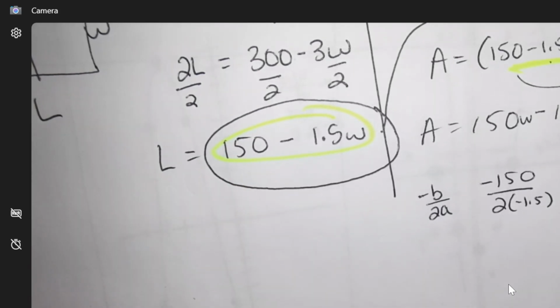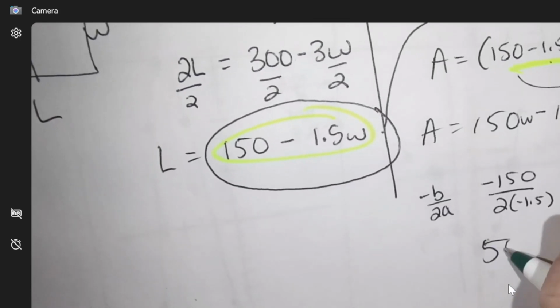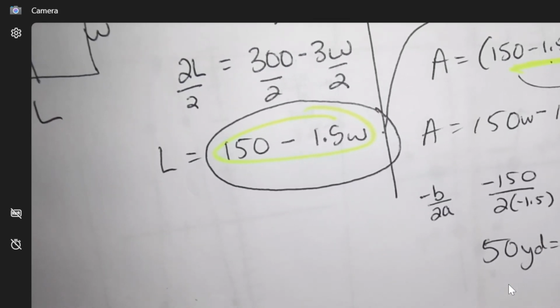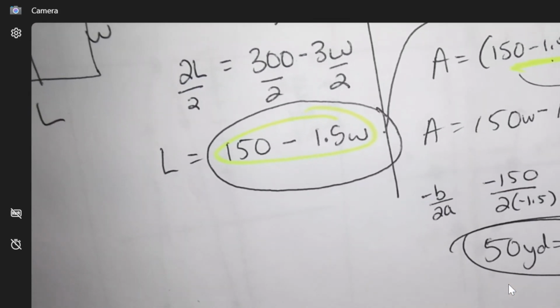Okay, so I got 50. 50 is the x. Wait, it's not an x value. Instead of x, what is it this time? What letter do we have instead of x? W. So this is what I know. 50 yards is the width of the triangle, or the rectangle.